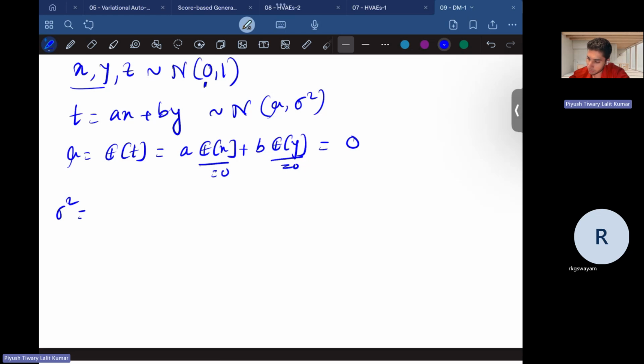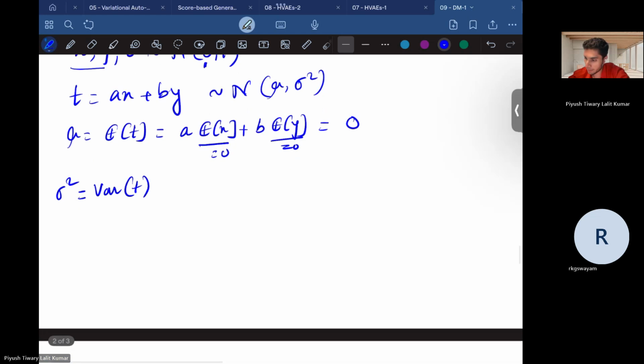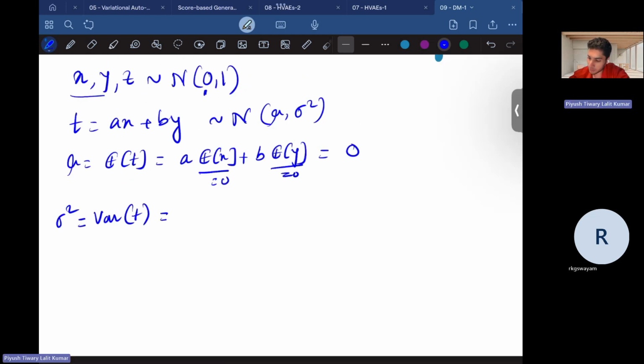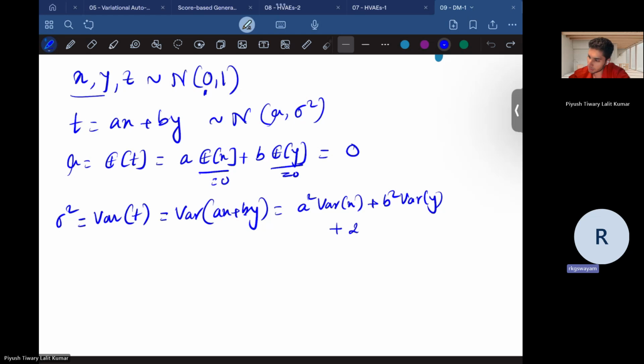Sigma square will be equal to the variance of t. So the variance of t is a square variance of x plus b square variance of y plus 2ab times covariance of x and y.